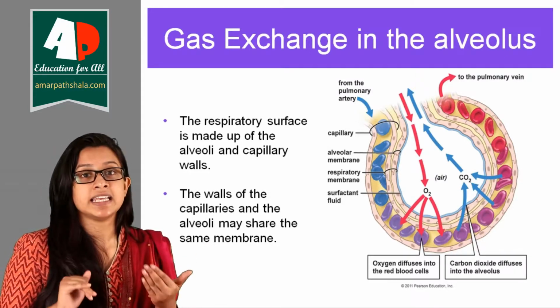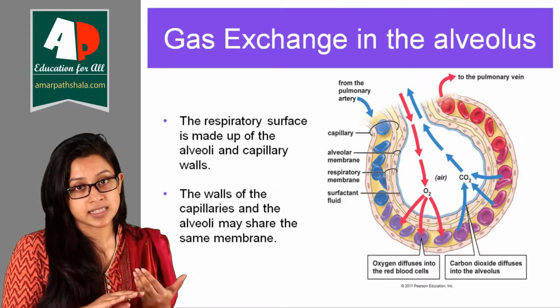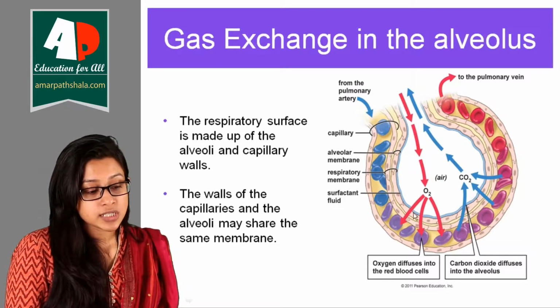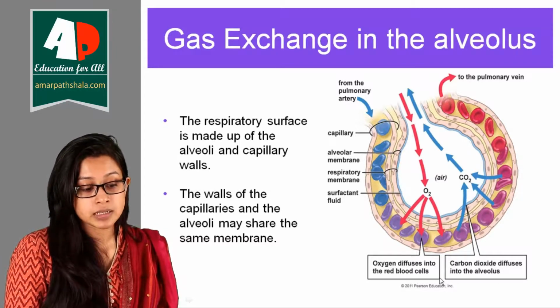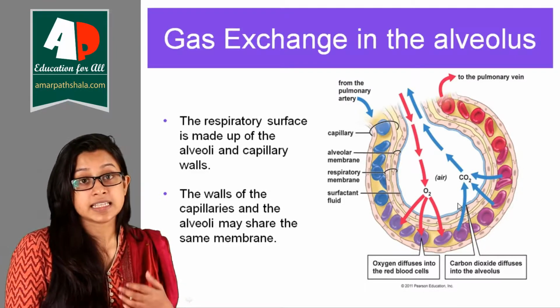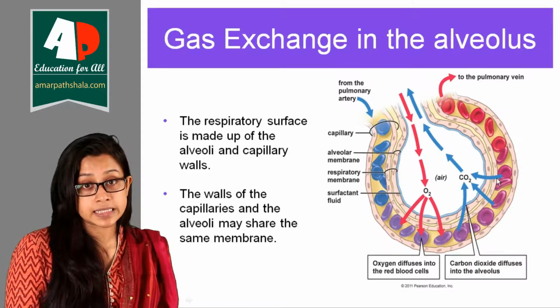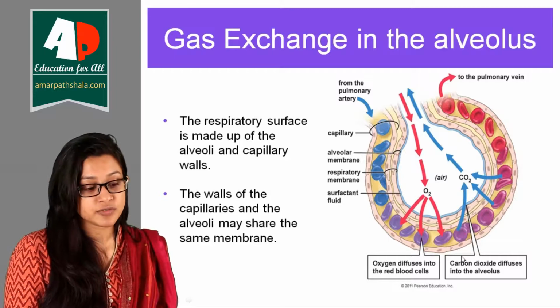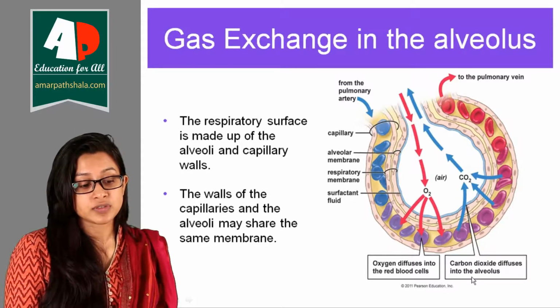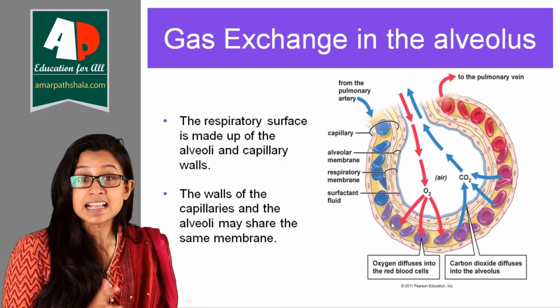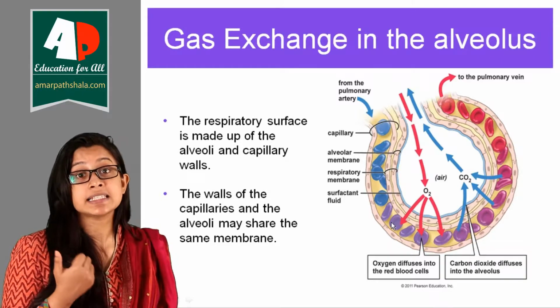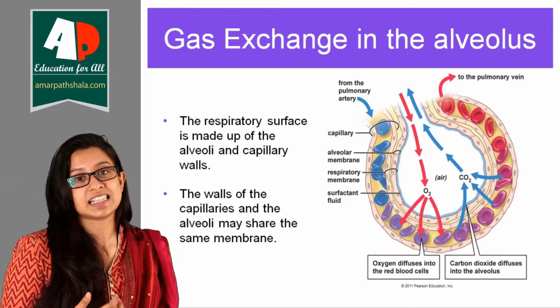There isn't an imbalance. There is a balance that's going on. So as oxygen diffuses into the red blood cells, carbon dioxide at the same time diffuses out of the blood cells into the alveolar surface. See, carbon dioxide diffuses into the alveolus.